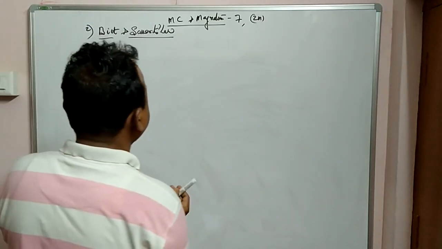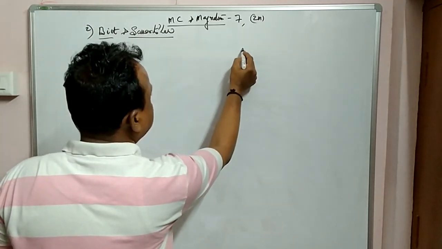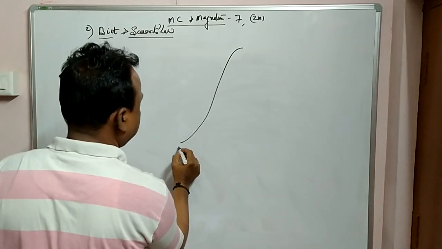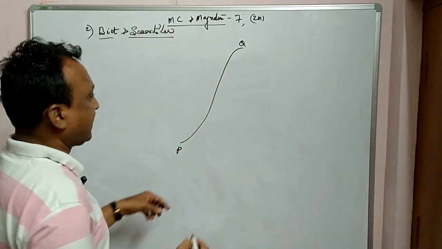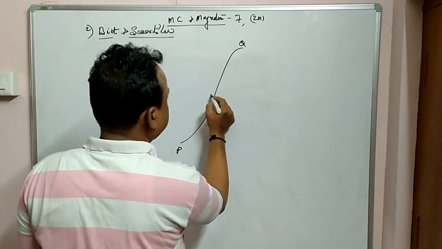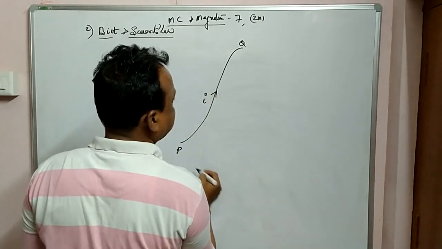What they have given is, for example, this is a conductor PQ carrying some current I in this direction.